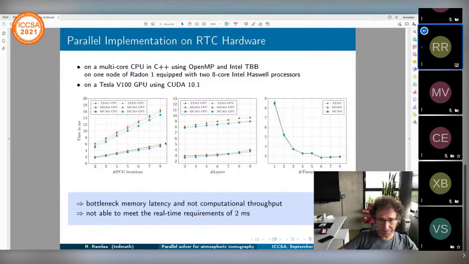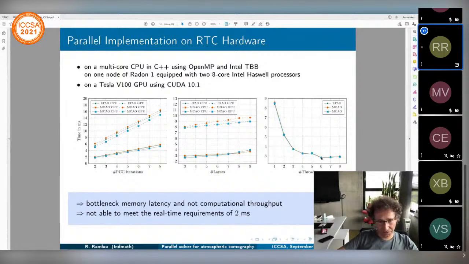Also, the number of layers is not such a big problem here. It increases the computation time just a bit. Also, the optimal number of threads that we are using for the computation here is going to be 6. So with that, we are reaching almost the goal of having the computation done in 2 milliseconds.